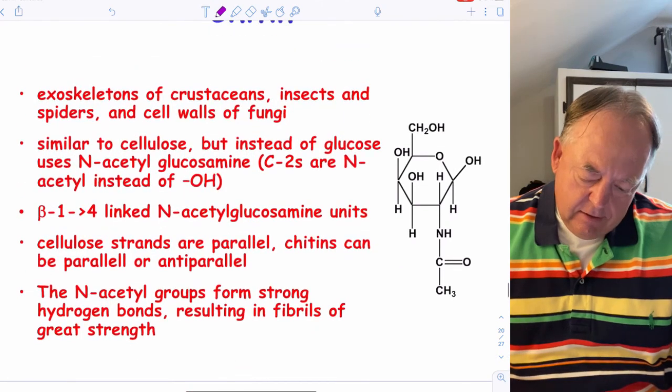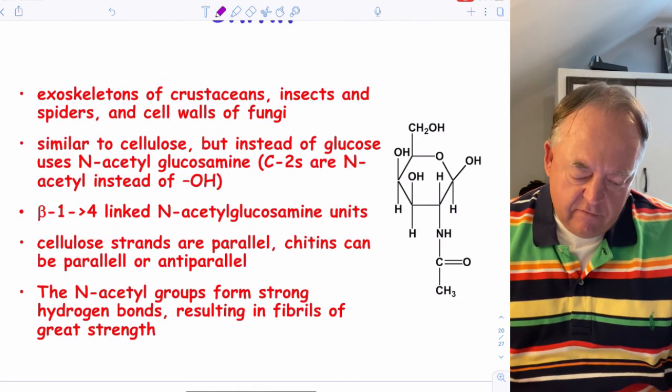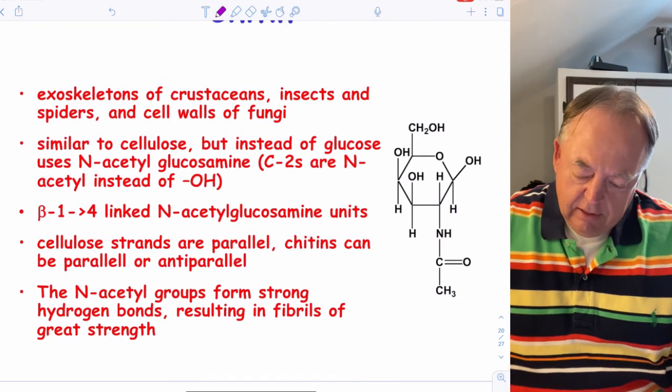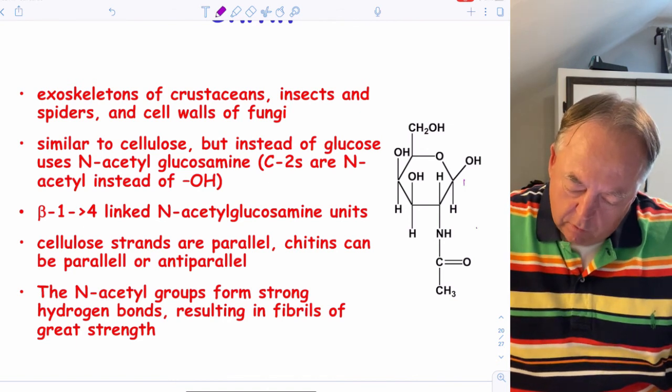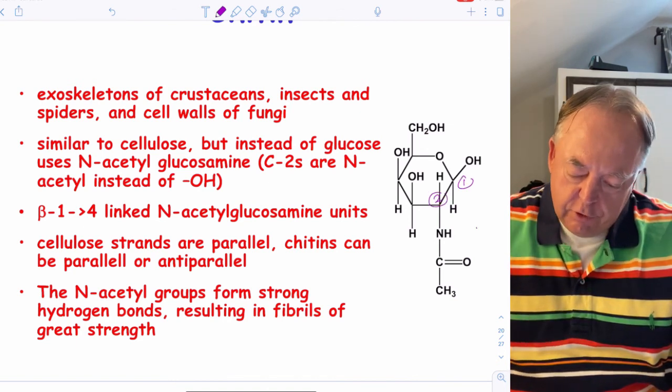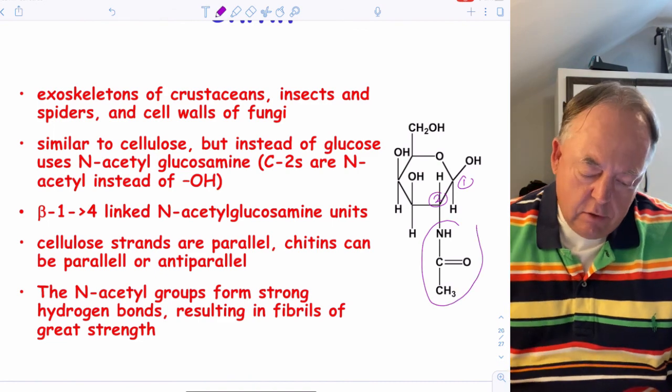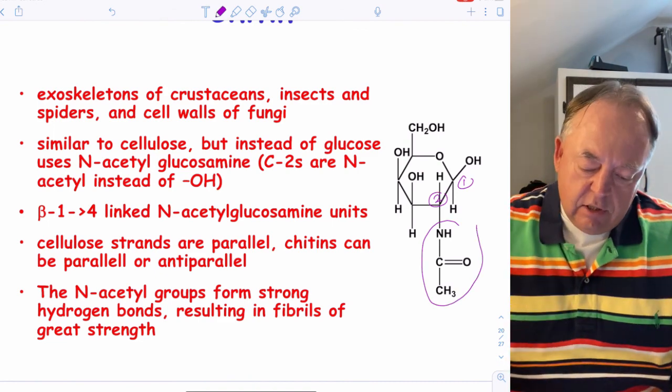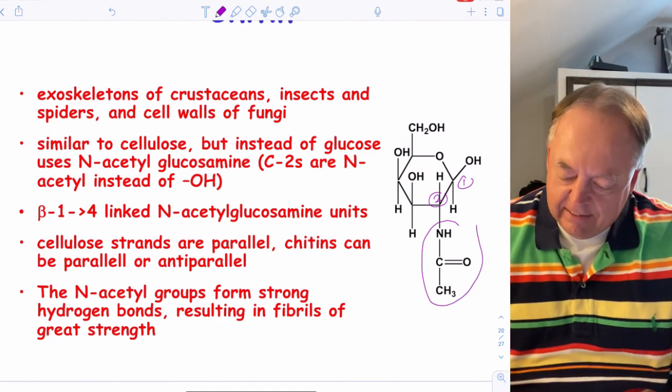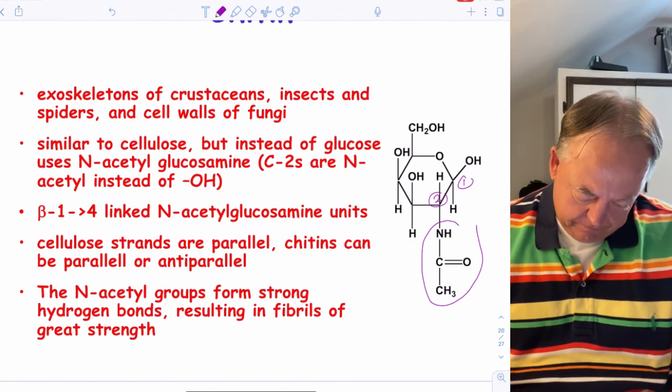Okay, so what is chitin? So chitin is just a derivative of cellulose, where this is carbon 1 and carbon 2. So carbon 2 of these glucose, some of the glucose residues in the polymer chain have this N-acetyl functional group on it.